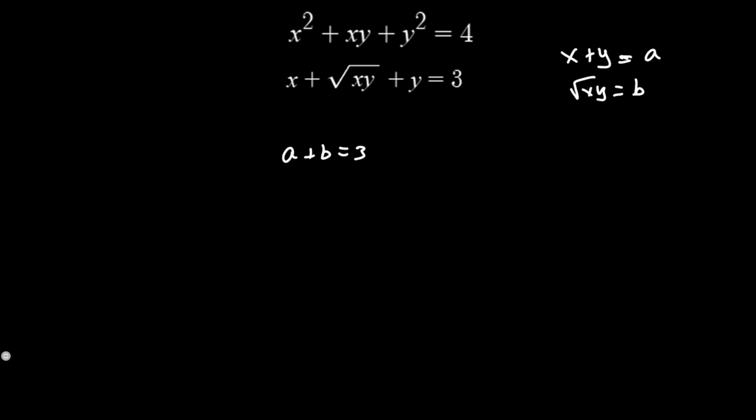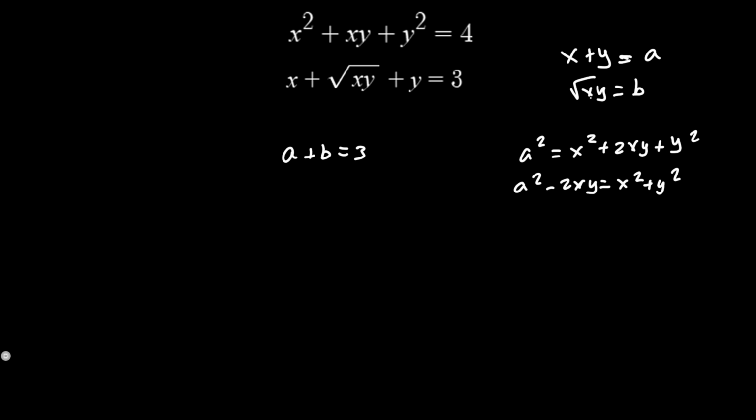And the second equation is going to be a bit tricky, but the fact that we are setting x plus y equal to a is going to help us with the squares. So if we square a, we will have a squared is equal to x squared plus 2xy plus y squared. And if we subtract 2xy, we will have a squared minus 2xy is equal to x squared plus y squared.